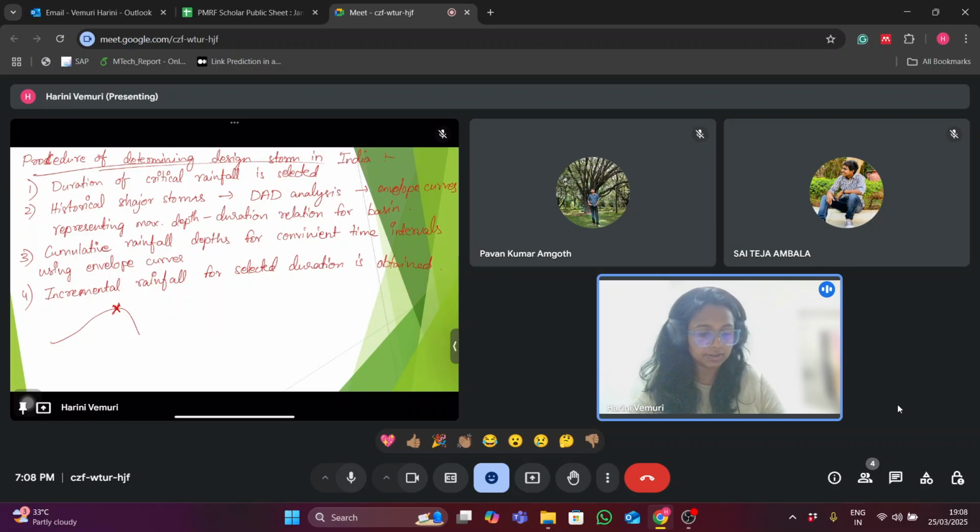And corresponding to this time, we will keep the highest rainfall value. If this is the second highest flood value, then the second highest rainfall is placed at this time step.